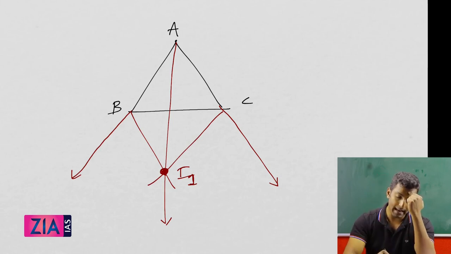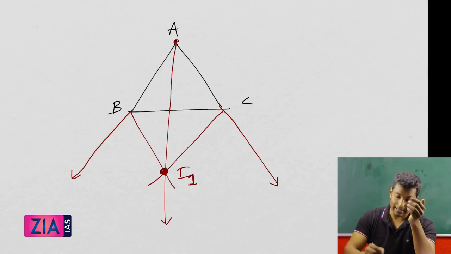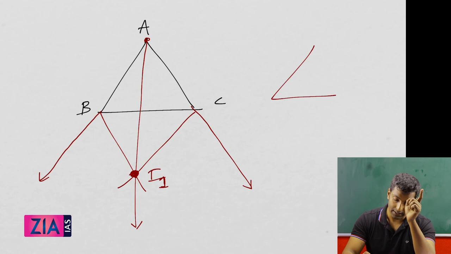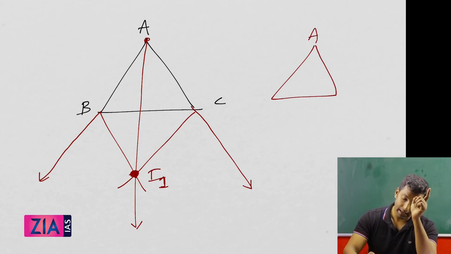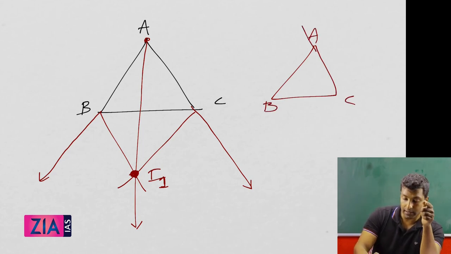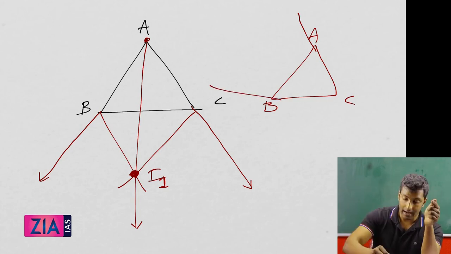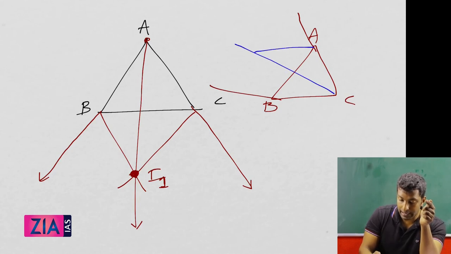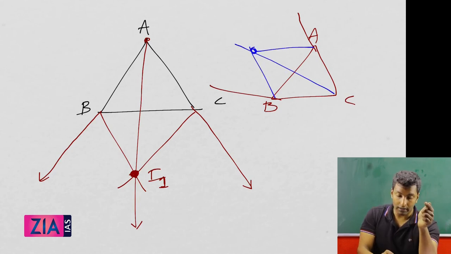So I am dropping the internal angle bisector from A, so I am getting the Excenter opposite to A. Similarly, if you have this triangle A, B, C, if you would have produced this side like this and this side like this, that means now I am going to drop the internal angle bisector of C. So you'll be getting the Excenter on this side.